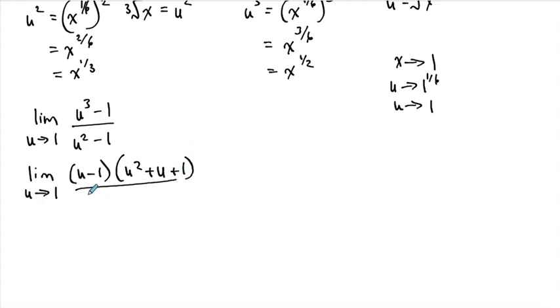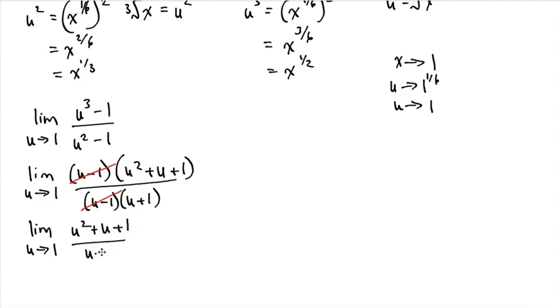And the denominator, a difference of squares, is u minus 1 times u plus 1. I can see that I have the same term in the numerator and the denominator, so those two will cancel each other out. And I'm just left with the limit as u approaches 1 of u squared plus u plus 1 over u plus 1.